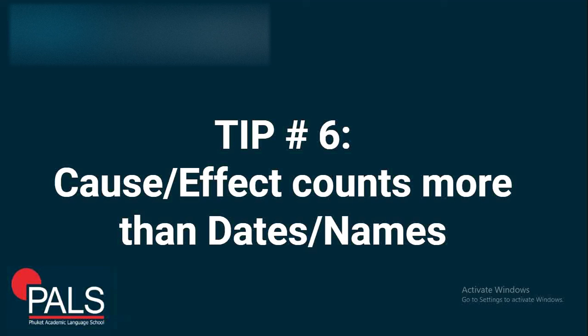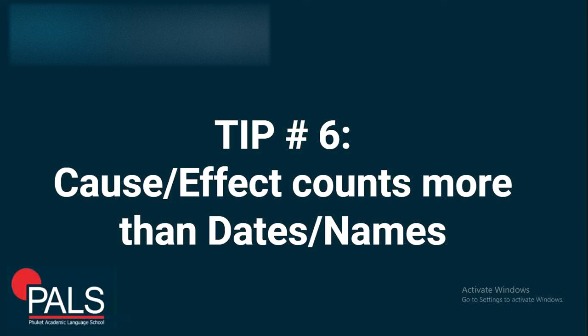Well, it's important, but what counts more is to know the cause and effect, analyzing the data being presented to you. So if history is not your strong suit and you're brushing up on your knowledge of war, social upheaval, and other major events in American or world history, don't worry about memorizing dates and names.